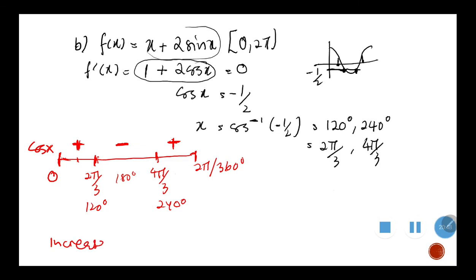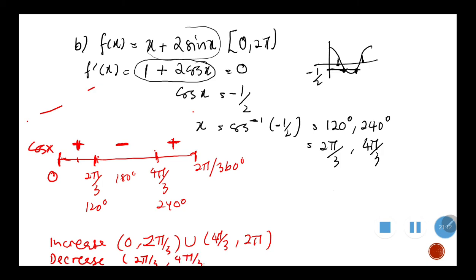where? Increase from 0 to 2 pi over 3 and from 4 pi over 3 until 2 pi. And decrease is the negative. Negative means decrease, from 2 pi over 3 to 4 pi over 3.